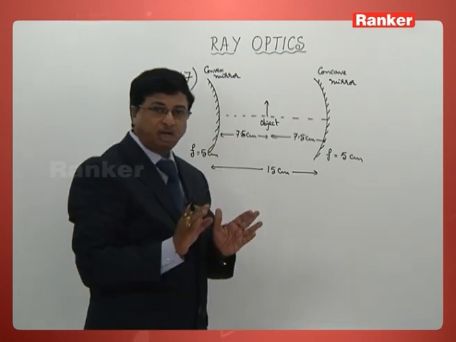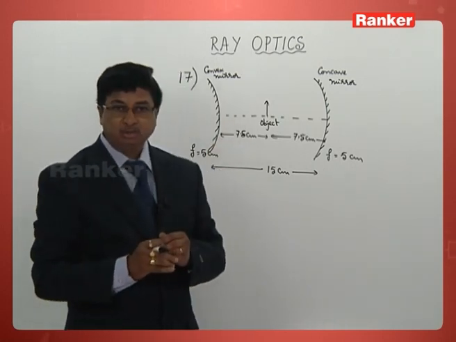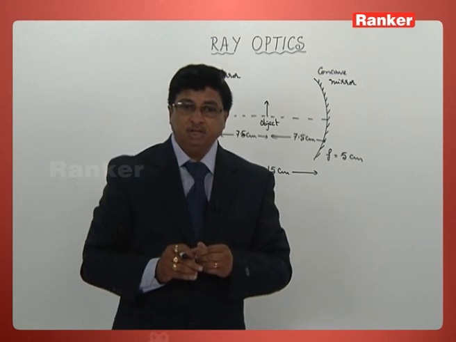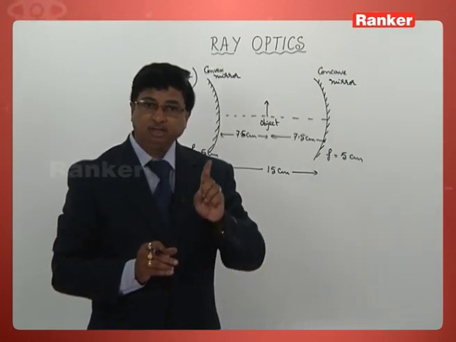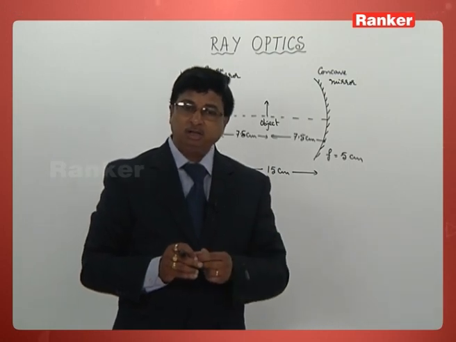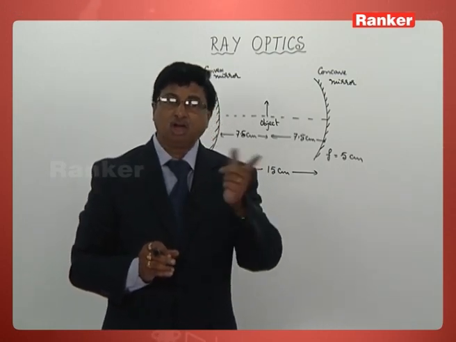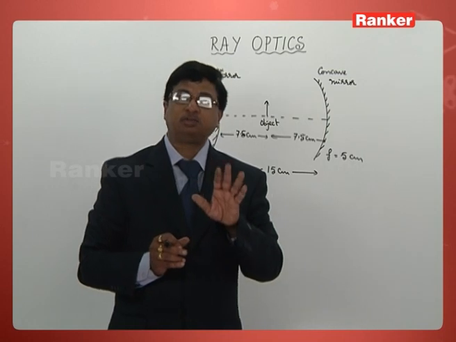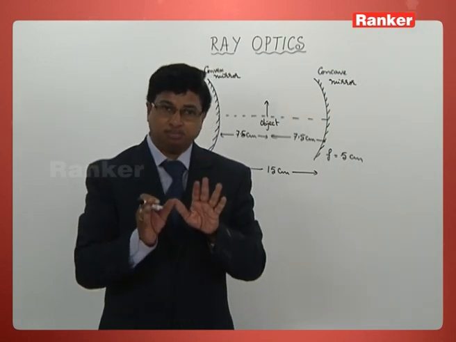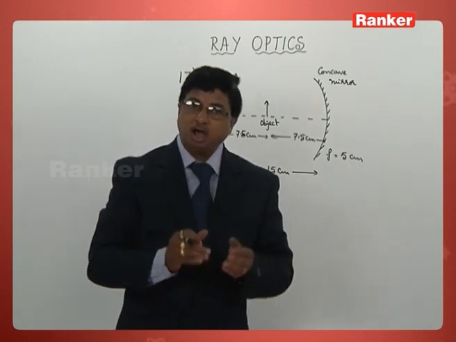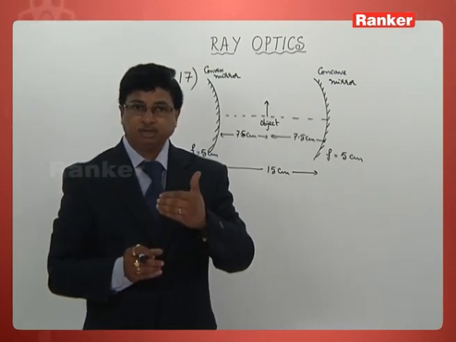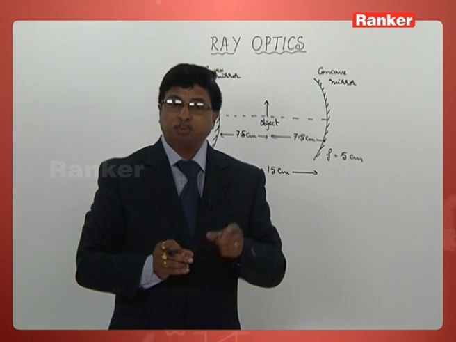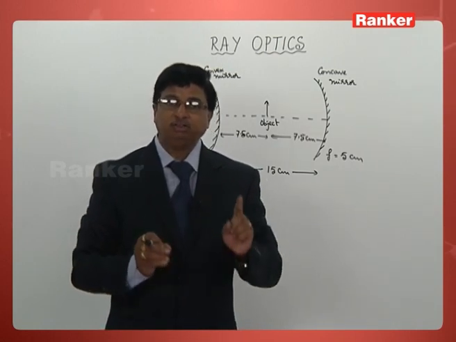Right in the middle, at the midpoint, the object is placed. The reflection first takes place in the concave mirror and then in the convex mirror. So first reflection is on the surface of the concave mirror, and after that the reflection takes place on the surface of the convex mirror.